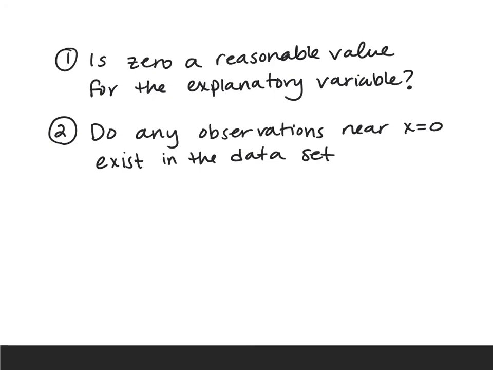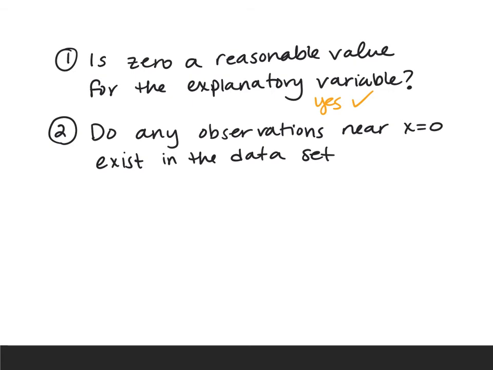Now, this one's a little more relative to what your possible values could be. So in this case, is 0 a reasonable value for the explanatory variable? Well, yes. I could have a drilling depth of 0 feet to start with. So, yes, that part's fine. That would be just starting at the surface of the earth.